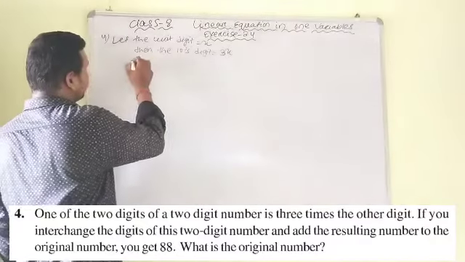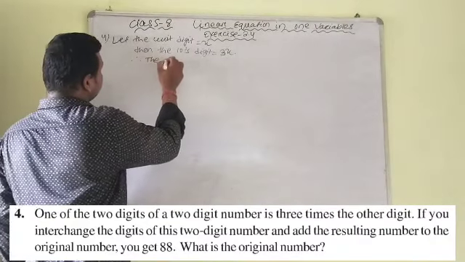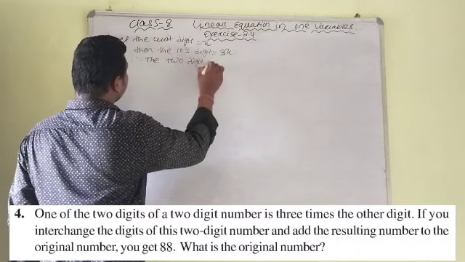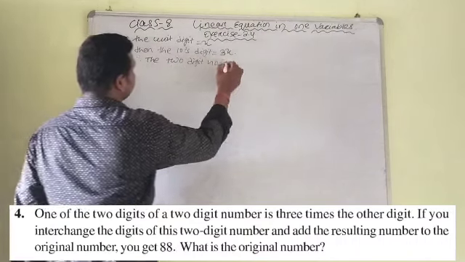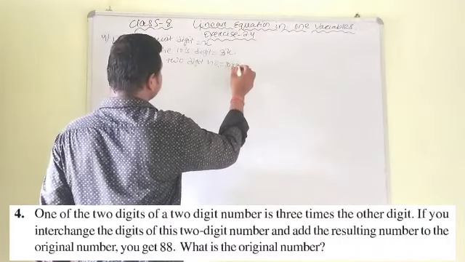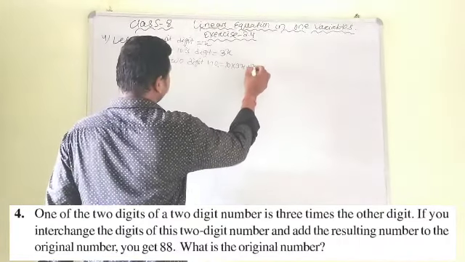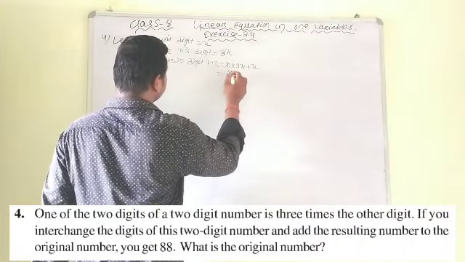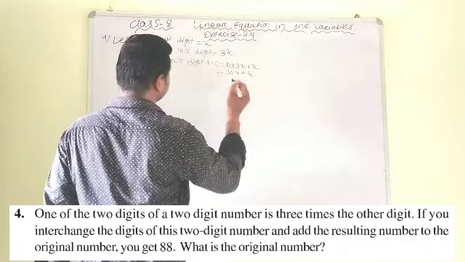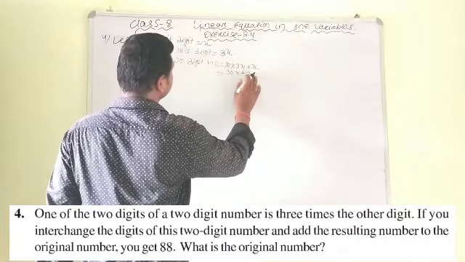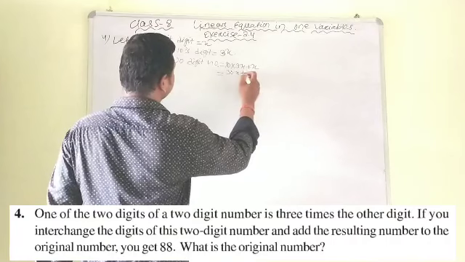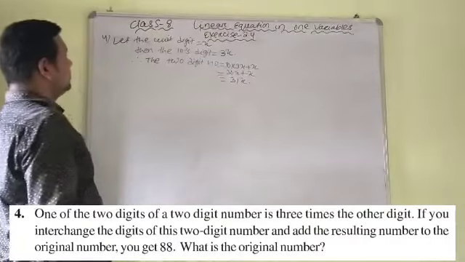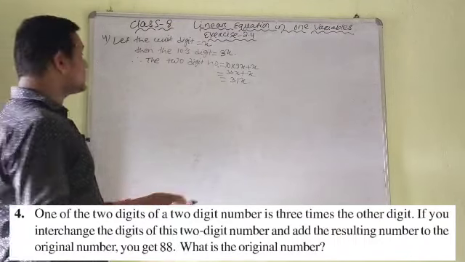Okay, now we'll write down the two-digit number equal to 10 into tens digit plus unit digit, that is 10 into 3x plus x, 30x plus x, that is 31x.